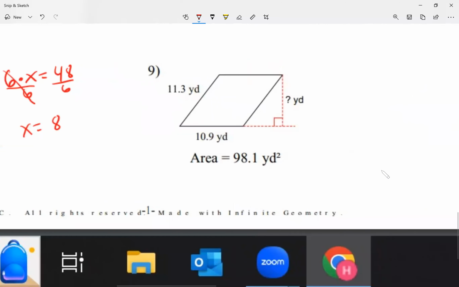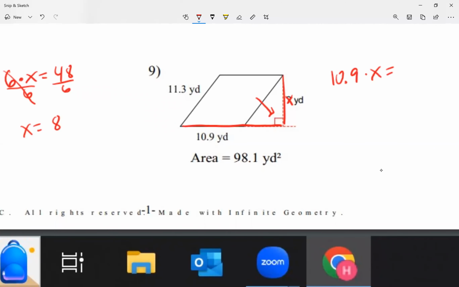All right, now here for this other parallelogram, I see my 90-degree angle here, 10.9. I'm going to go all the way through. 10.9 times X. Remember that question mark, I call it X. So I have that 10.9 times X is equal to 98.1, right? That's the area.